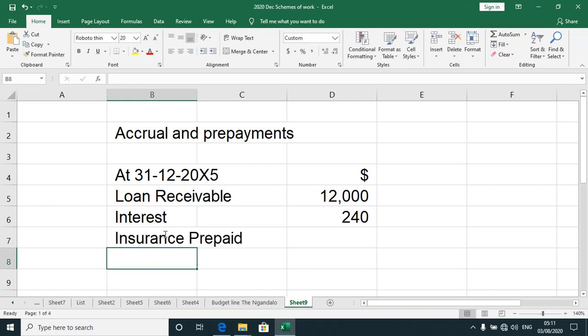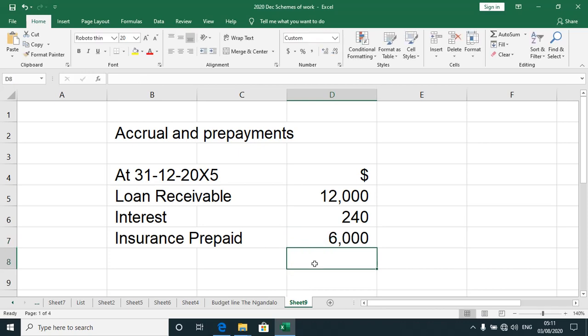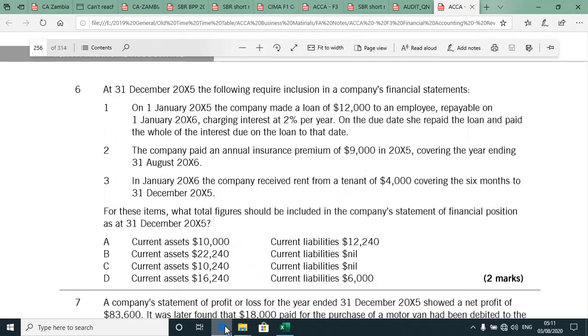What do we have? I'll just work it out here so that you can understand. I saw 9,000 multiplied by 8 divided by 12. I'm getting a 6,000.